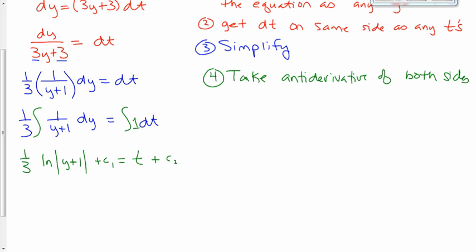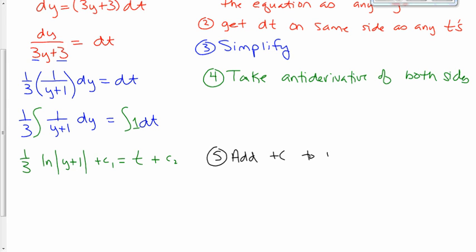I don't care what these individual constants are. Eventually I'm going to have just one single constant, but I don't have to know what these numbers are each step of the way.